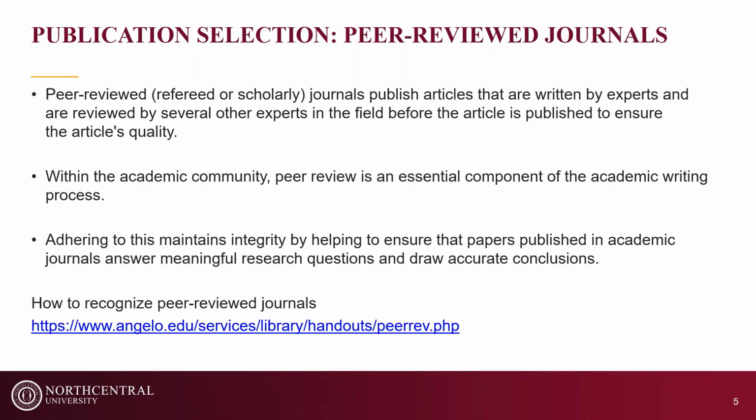So the big idea is sort of self-explanatory. Peer-reviewed journals are peer-reviewed. And that's what makes them the highest level of a journal and the most acceptable and prestigious to have an article published in one of these types of journals.